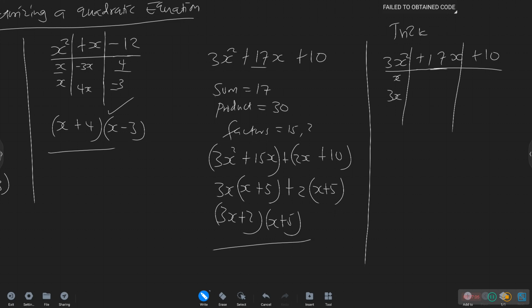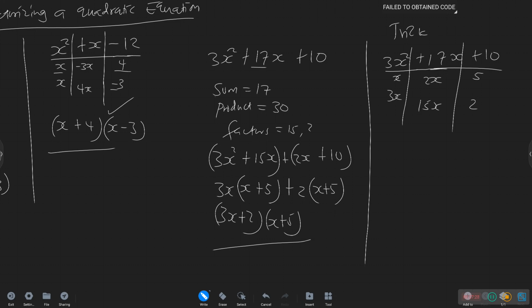Then you also think about here, but now you start differently. I started with the smaller on that side. In this case, I start with the bigger number, so I can start with 5 and 2. Now when you cross multiply, 2 times x gives you 2x. 3x times 5 gives you 15x.